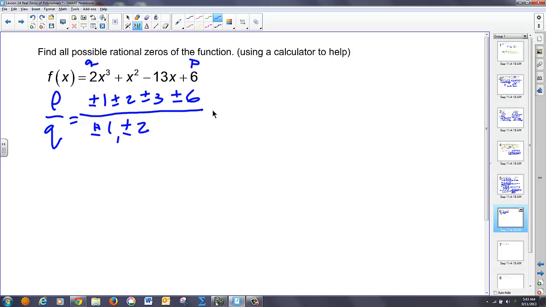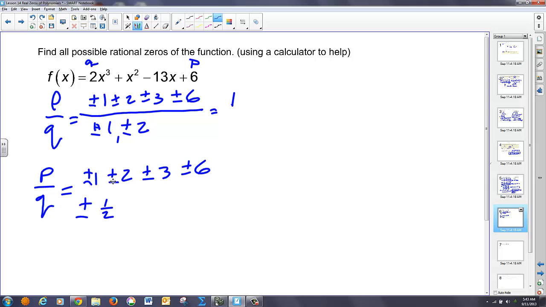Now if I take all the p over q values, then I would get plus and minus 1, plus and minus 2, plus and minus 3, plus and minus 6, plus and minus 1/2, and I get that from the 1 divided by the 2.